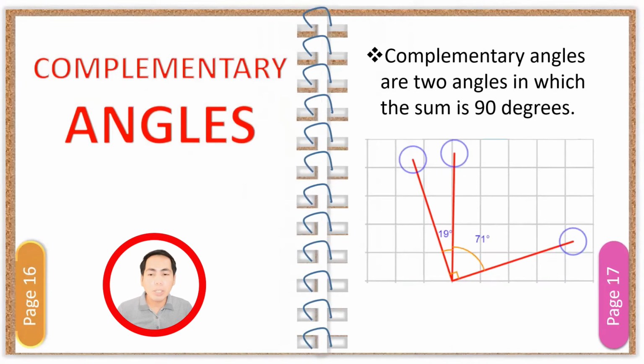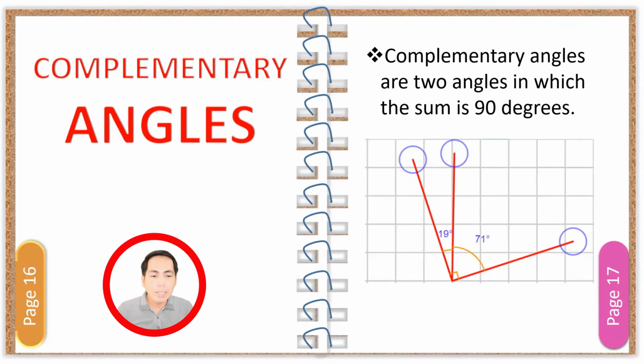Now let's proceed to complementary angles. When we say complementary angles, these are two angles in which the sum of their measures is 90 degrees. So an example given here, we have two adjacent angles in which the measure of one of the angles is 19 and the other angle measures 71 degrees.